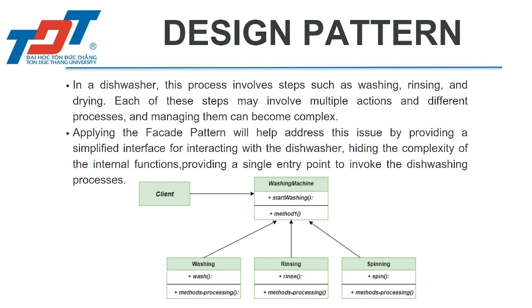Each of these steps may involve multiple actions and different processes, and managing them can become complex. Applying the Facade pattern, we address this issue by providing a simplified interface for interacting with the dishwasher, hiding the complexity of the internal function, and providing a single entry point to invoke the dishwashing processes.